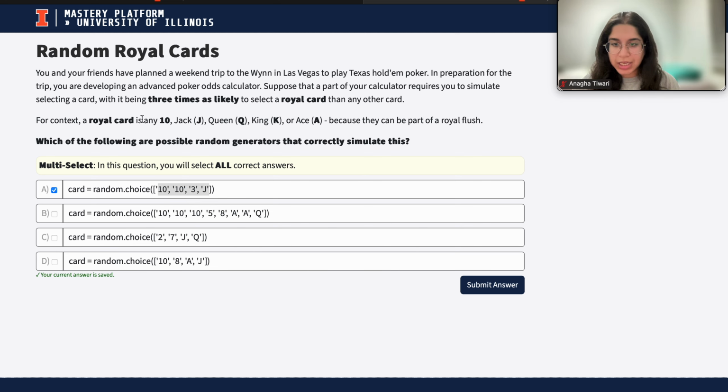So it is actually 3 times as likely to select a royal card than any other card. So we can see here that A is correct.